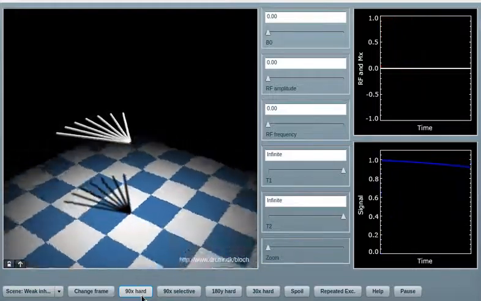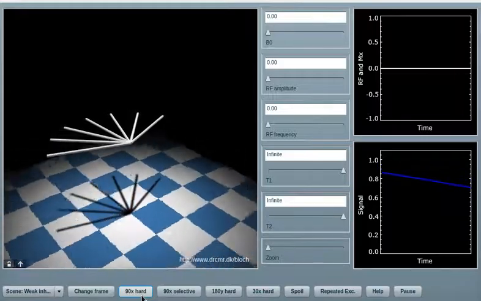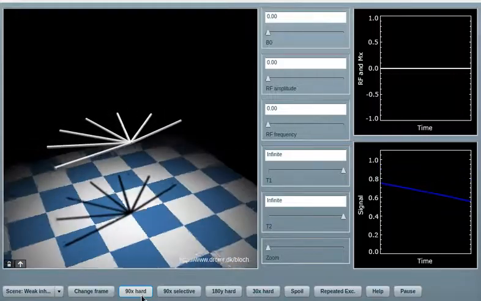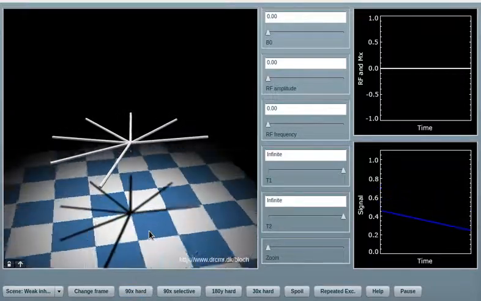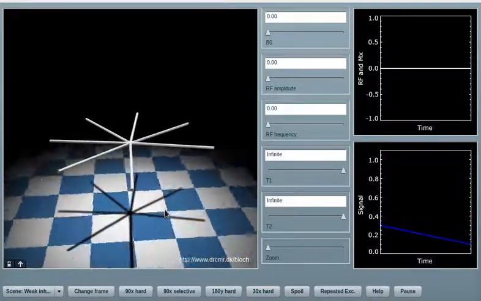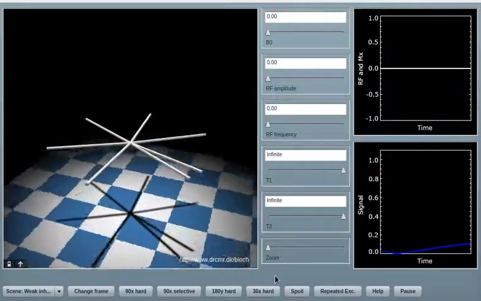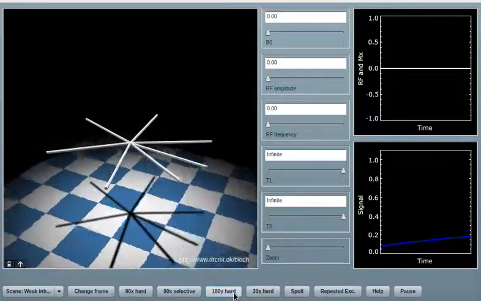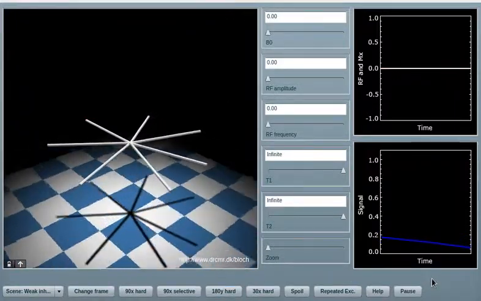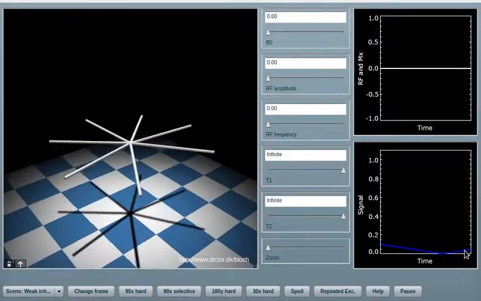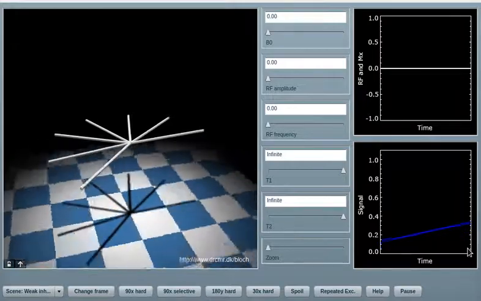But the thing about T2 star is that it's reversible. Okay? If we put a 180-degree pulse, so we flip these totally by 180 degrees, now the vectors that are going fast are going slow, and the ones that are going slow are going fast again, and instead of diverging, they converge again, and as they start converging, signal is regained.